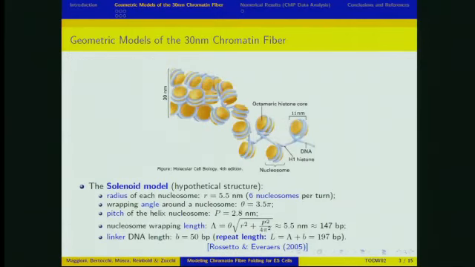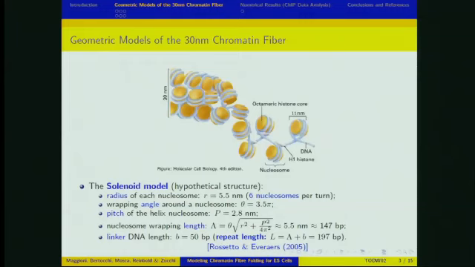So in this recent work we have first of all introduced two simple geometric models in order to describe the chromatin structure. The assumption that we made is that we consider a solenoid model in which a single turn of a solenoid is composed of 6 nucleosomes. The radius of each nucleosome is 5.5 nanometers. The wrapping angle around a nucleosome is 3.5 pi.